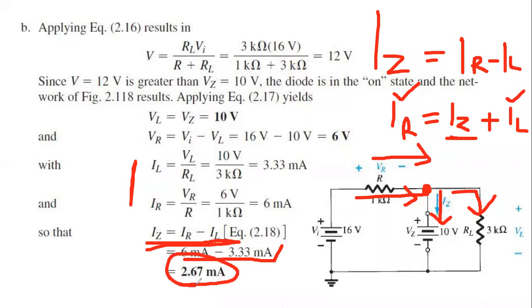Now for the power. We all know P equals VI. What is the voltage of the Zener diode? My students, what is the voltage of the Zener diode? 10 volt. What is the current? 2.67. Just multiply, you get the power.